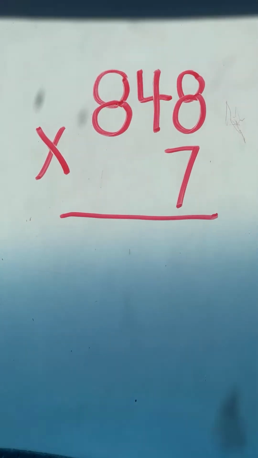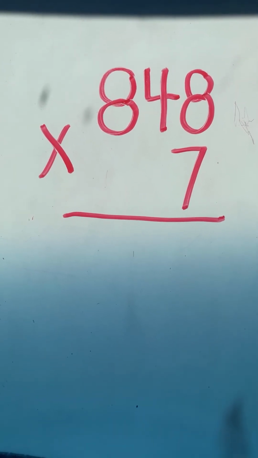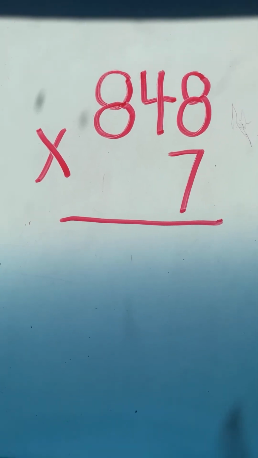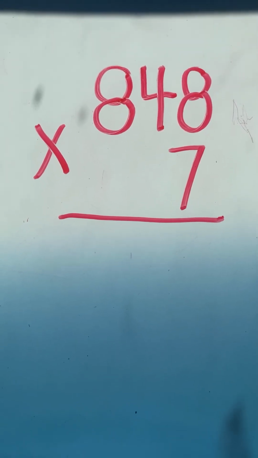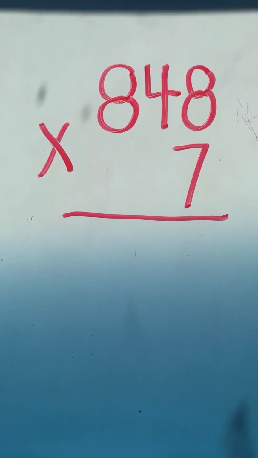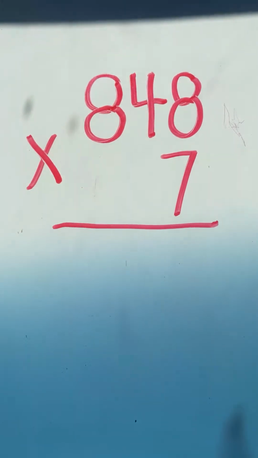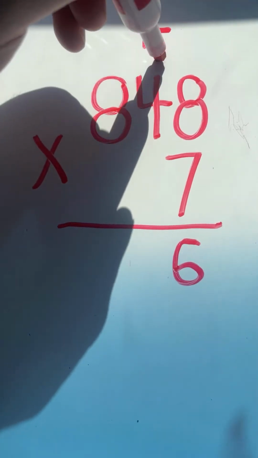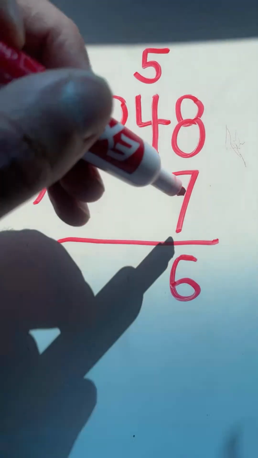All right. Example problem number 3. 848 times 7. All right, starting in the ones place. 8 times 7 equals 56. 6, carry the 5. 4 times 7 equals 28.